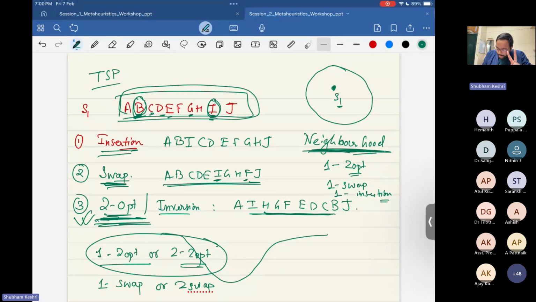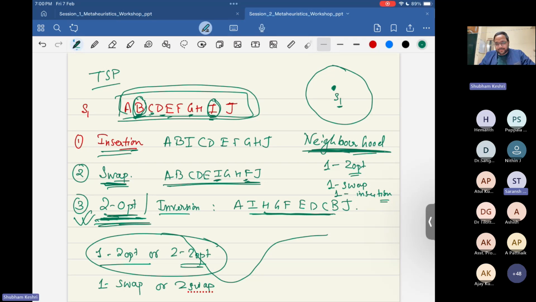When I'm doing 2-opt, it is getting reversed. F comes here, I comes here, H will come here, and G will go there. Right? Swap is just taking two cities and interchanging the positions of those two cities, but 2-opt is reversing the order of all the cities in between. Is that all right? Okay.